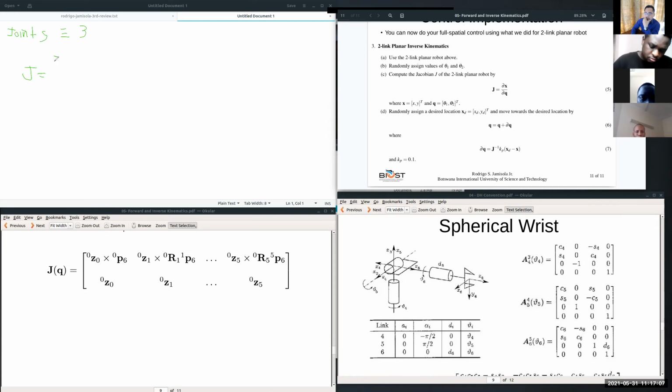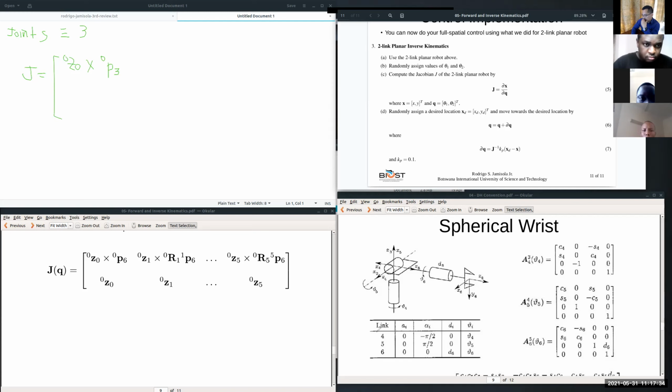okay, we'll just write down here. We'll make use of the full Jacobian because we have enough time. 0Z0 cross with 0P6. Okay, now let's just do 0P3.